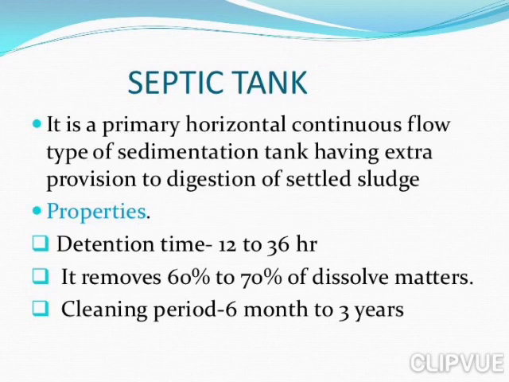So once again, it's a primary horizontal continuous flow type of sedimentation tank having extra provision of digestion of settled sludge. So it has three properties. The detention time varies from 12 to 36 hours. It removes 60 to 70% of the dissolved matters, and the cleaning period is from 6 months to 3 years.